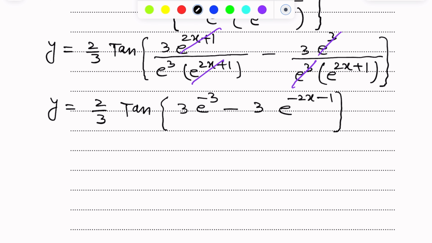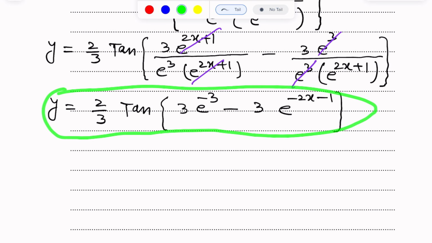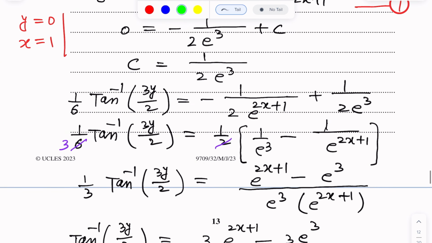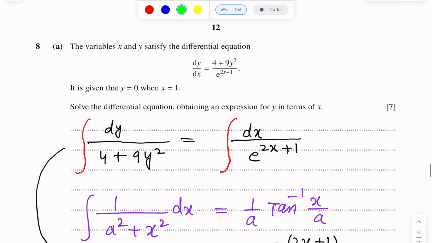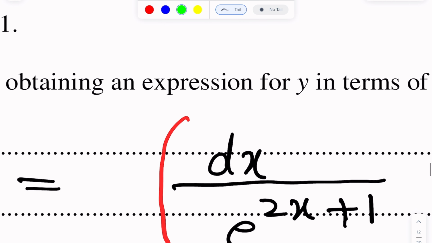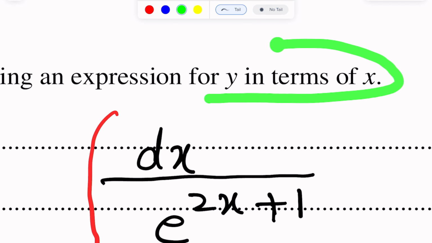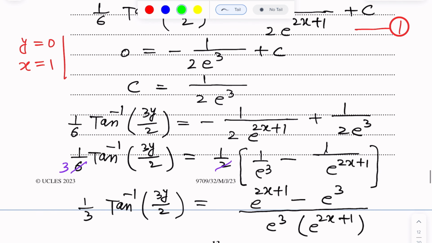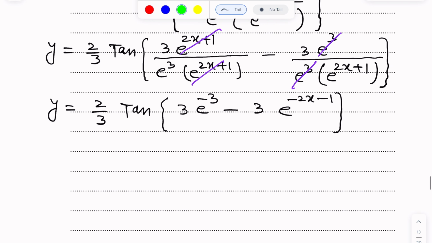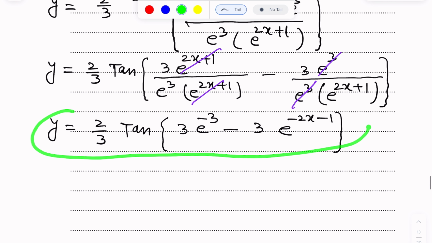This is the final answer. We have written y in terms of x, which was the required expression. This is the expression.